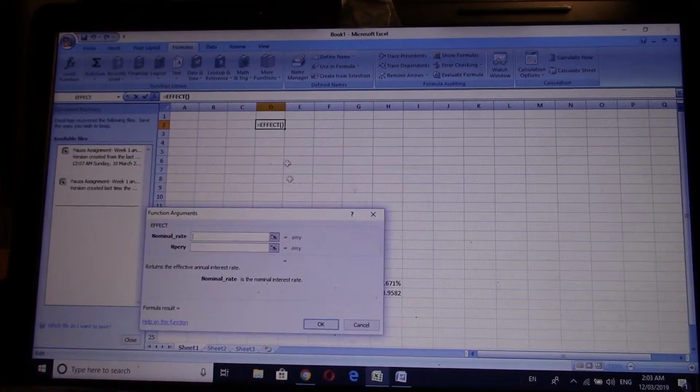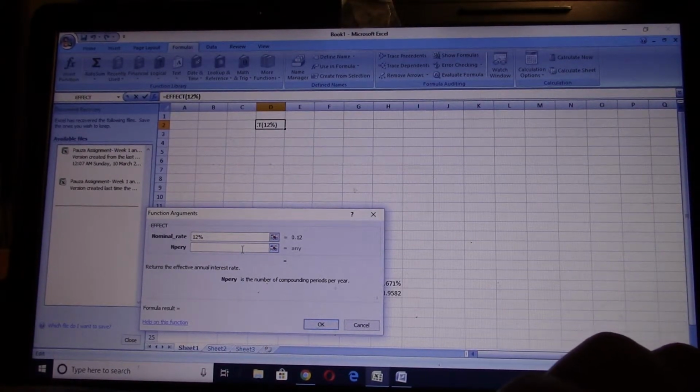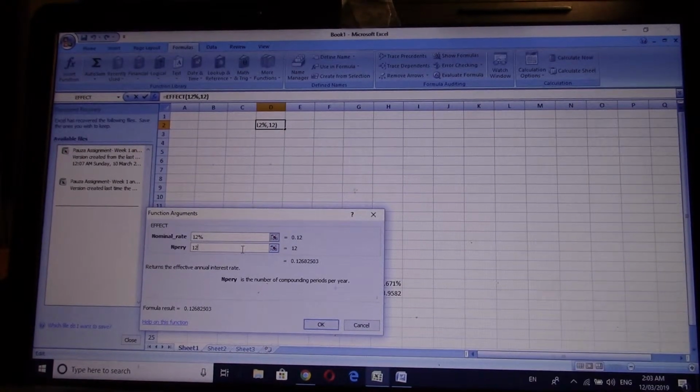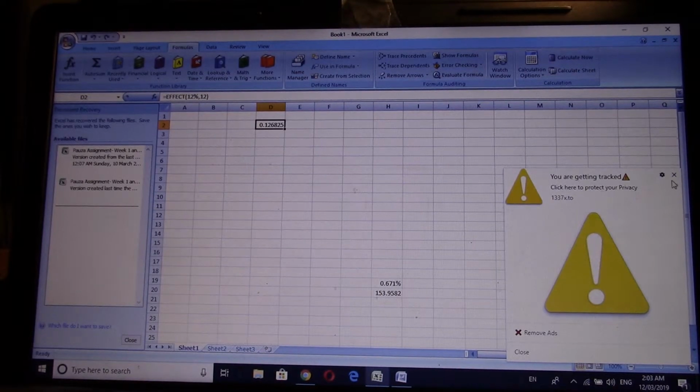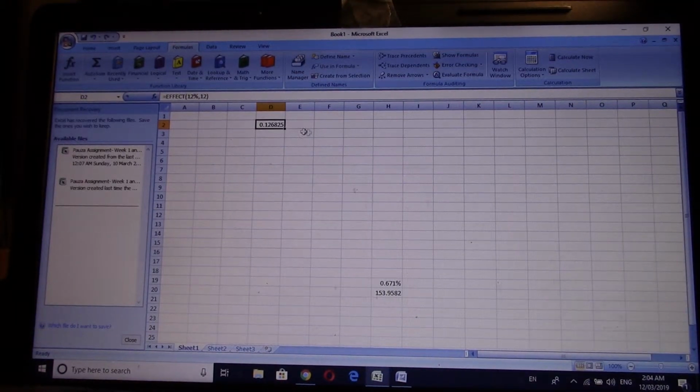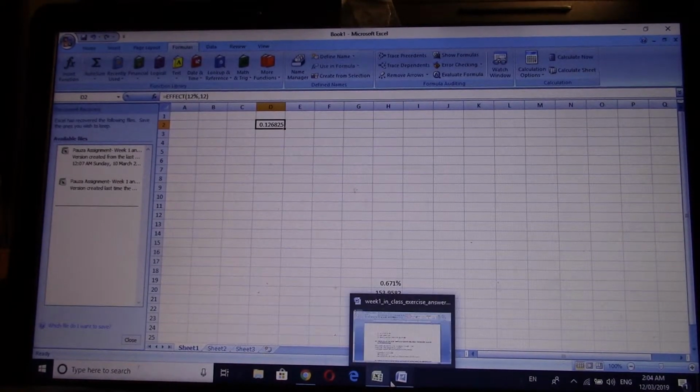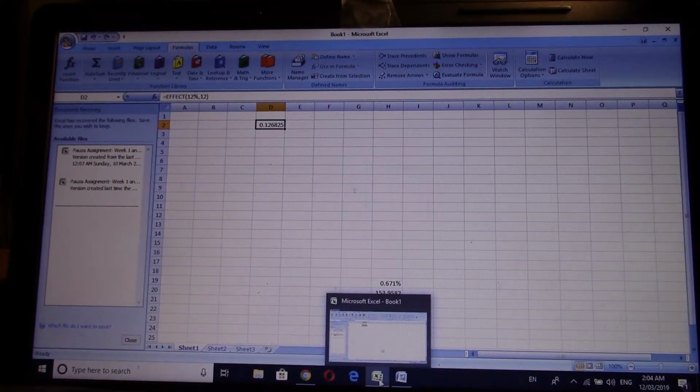The nominal interest rate is just this APR, 12%. Don't put 1%, put 12%. Nper is how many times it's compounded in a year, so put 12 there. So your return is here. This is the answer.